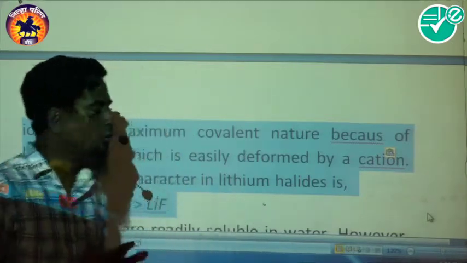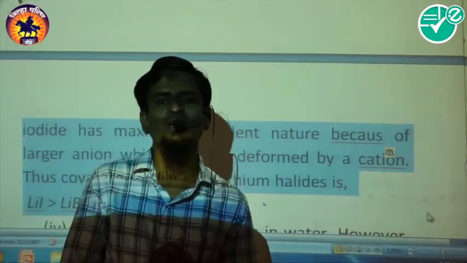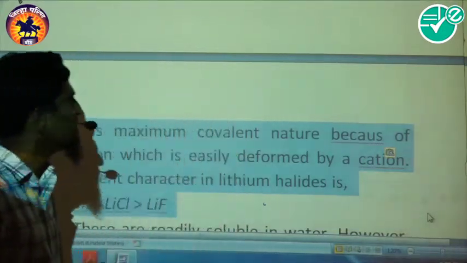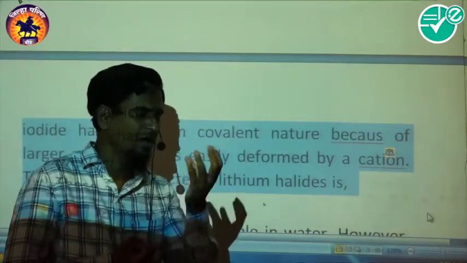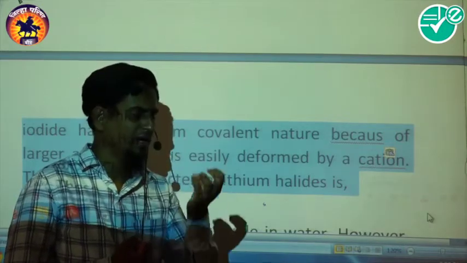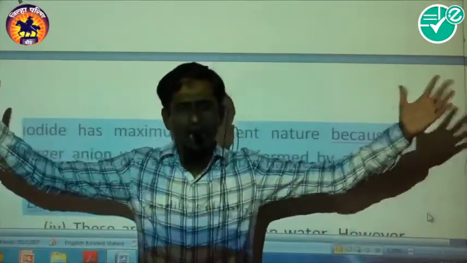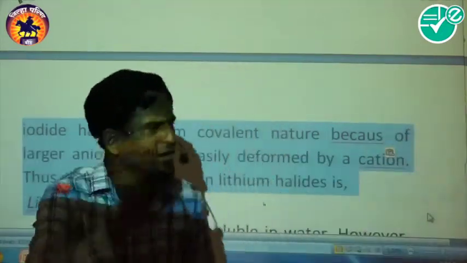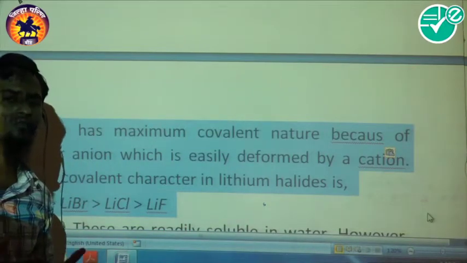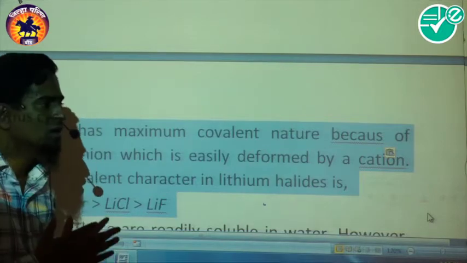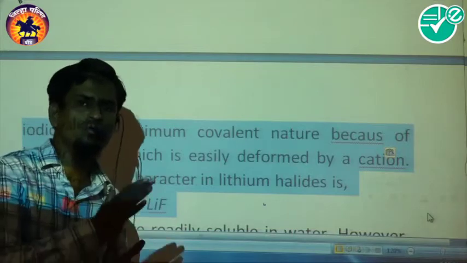What is important as far as our NEET or CET is concerned? We know lithium is very small in size, and we know from Fajans' rule that if the cation is very small and the anion is very big, then it will form a very strong covalent compound.